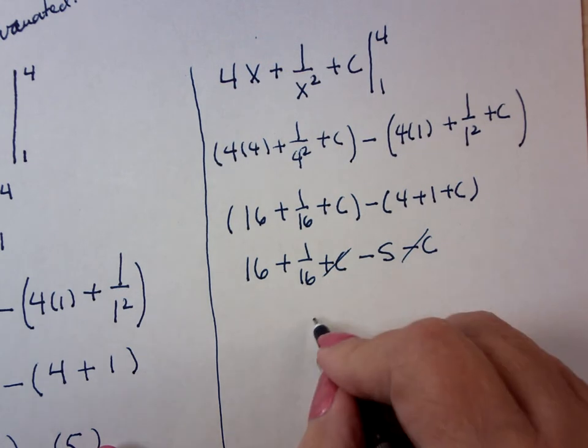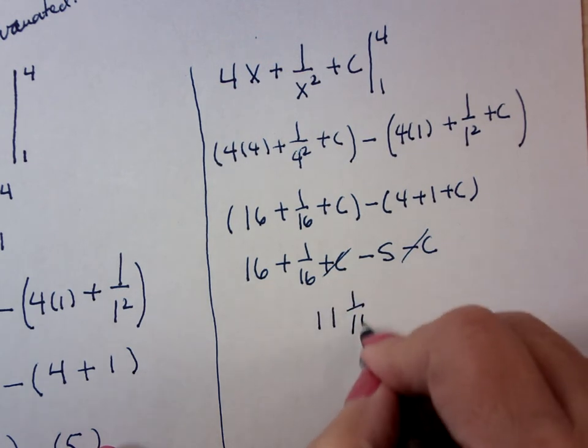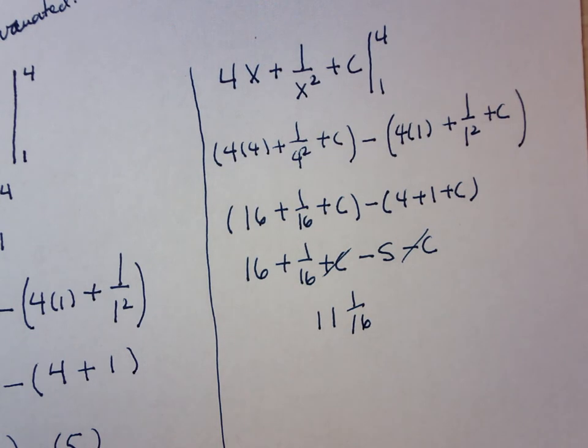So you would end up with 11 and 1 over 16. So that's why I don't need to worry about the c. You won't see me put the c in when I'm doing a definite integral, because they're going to end up adding to 0.